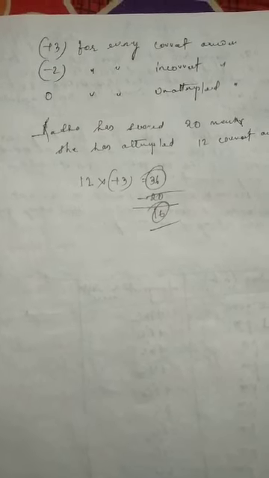16. If 16 marks were deducted, 16 marks is supposed to be how many incorrect? 8. 8 questions she has attempted incorrect, because 16 divided by 2, because 2 marks were deducted for every incorrect answer. So from the total score, 16 marks were reduced. 16 marks means 8 questions. 16 by 2 is 8.